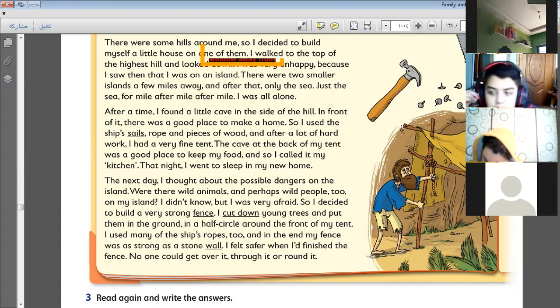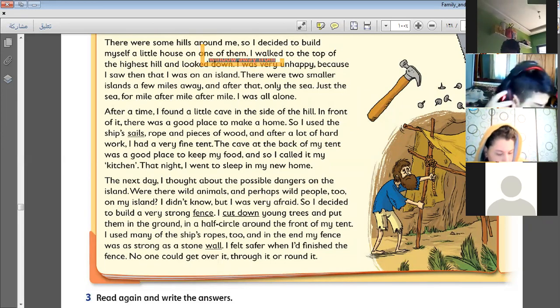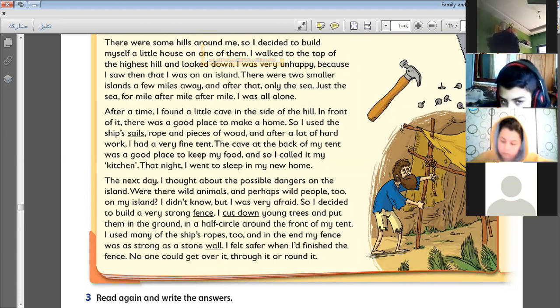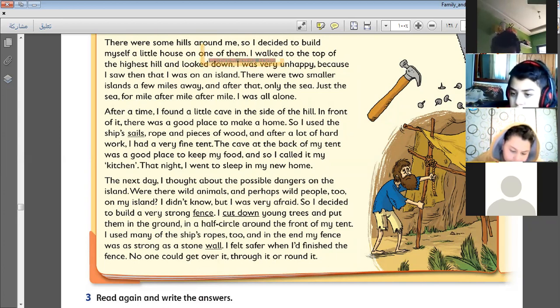The next day, I thought about the possible dangers on the island. Were there wild animals and perhaps wild people on my island? I didn't know, but I was very afraid.